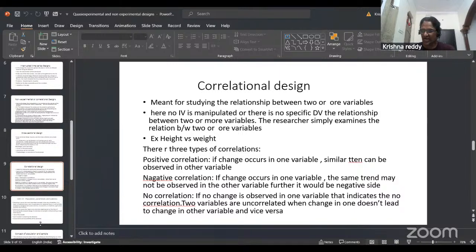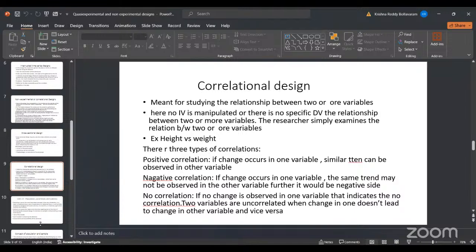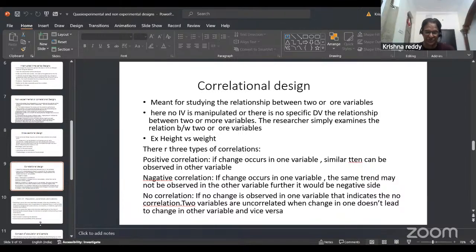Is he able to get first rank in English? If he gets first rank in English too, then there would be positive correlation. If the scores are increasing in mathematics, then similarly the scores of the students in English would also increase.